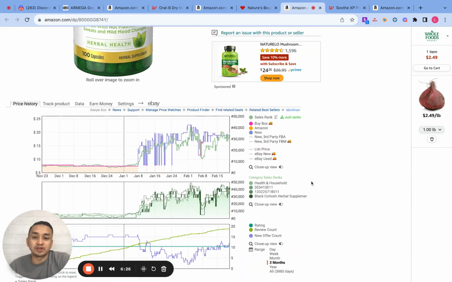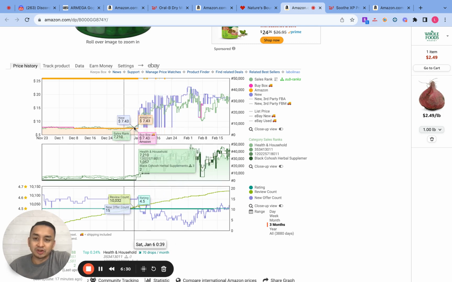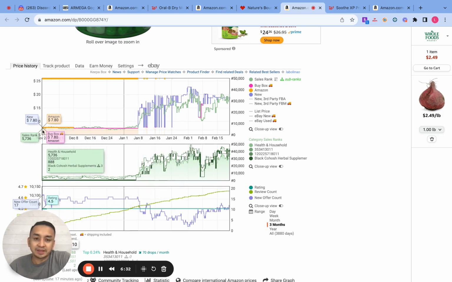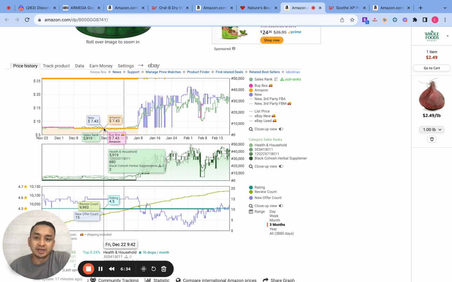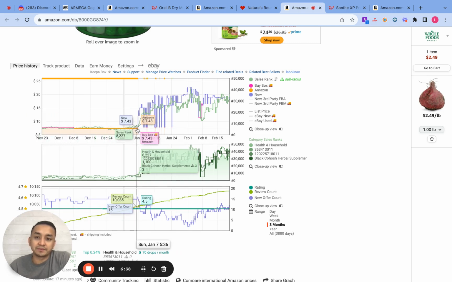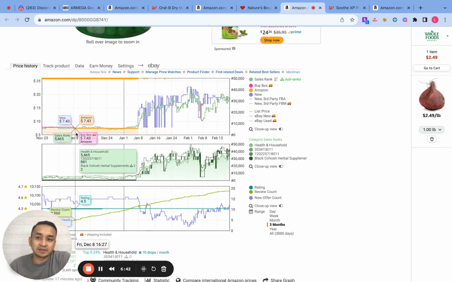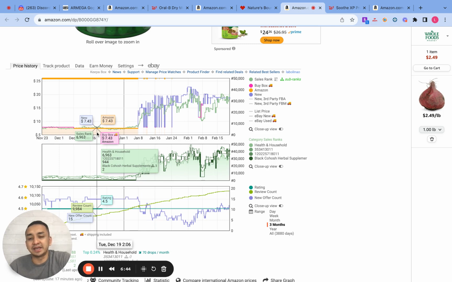But another concern with this product is that Amazon was on the listing in the past 3 months, right? So from November 23rd all the way to January 8th, even here, right? You guys see the orange line right there? Amazon was on the listing, and they were pricing this product at $7.43.